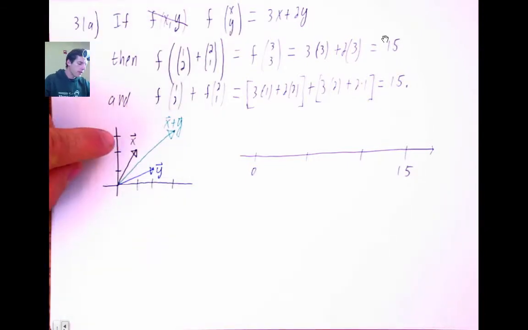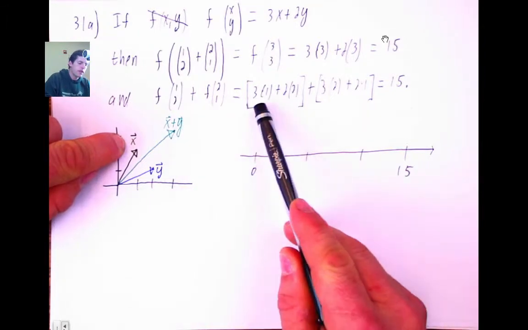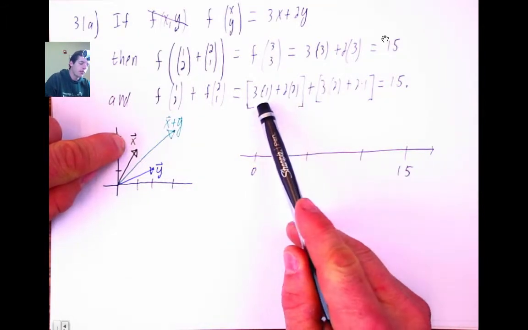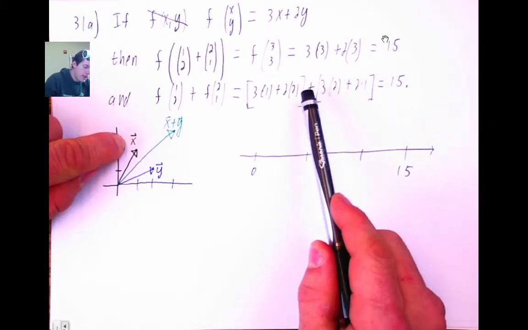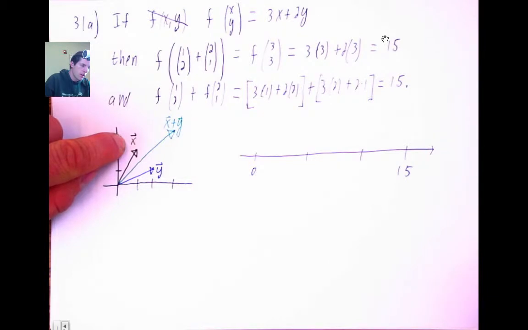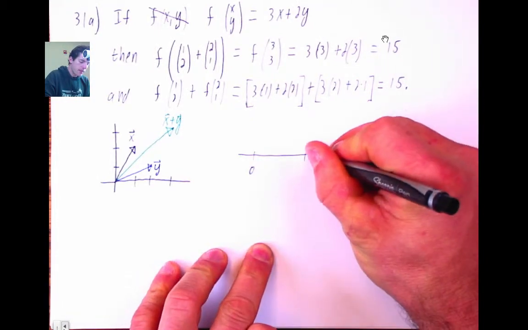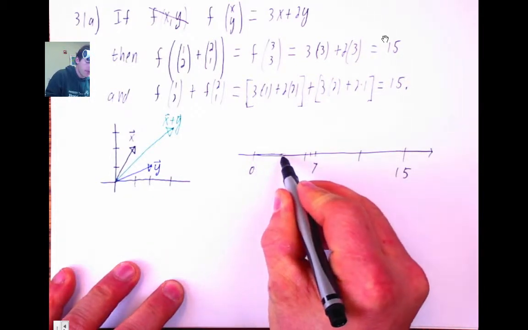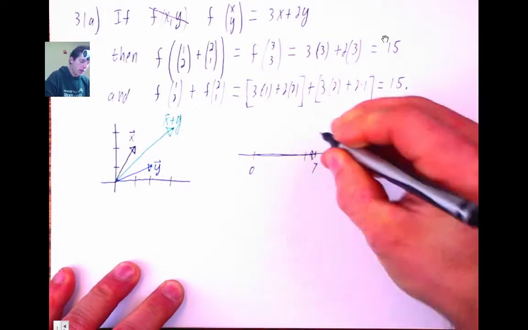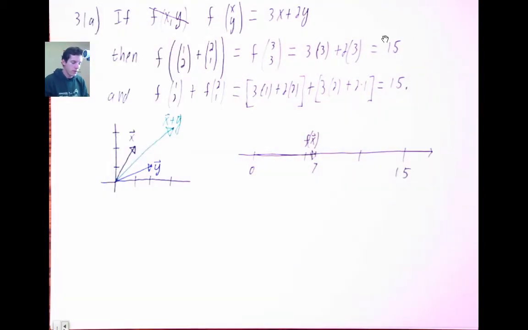Okay. And f of x, let's take a look at that. That's f of 1, 2. That's 3 times 1 plus 2 times 2. That's 3 plus 4, that's 10. Is that right? 4 and 3. No, that's 7. Okay, 7. So 5, 6, 7. And f of x is 7. Okay, so there's f of x vector, where x vector is 1, 2.